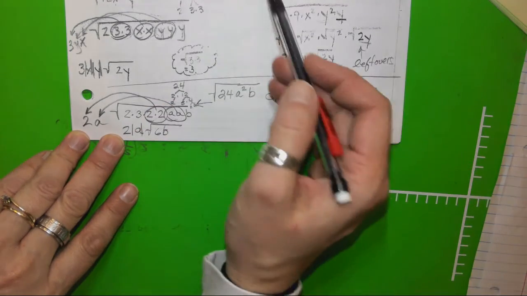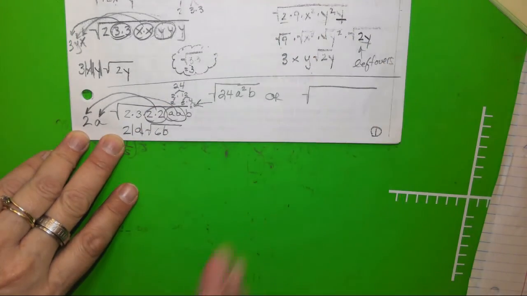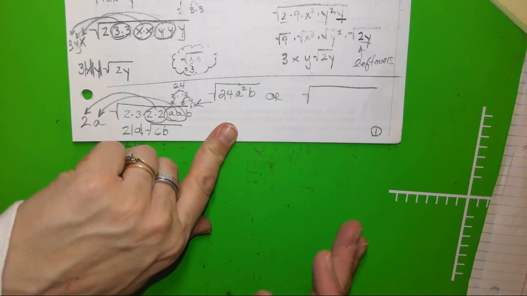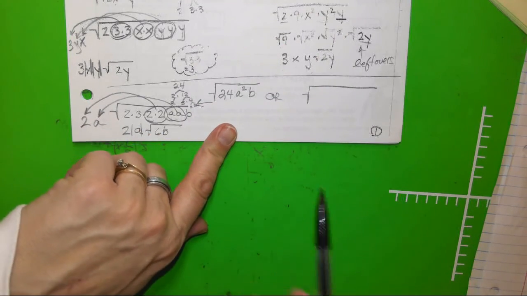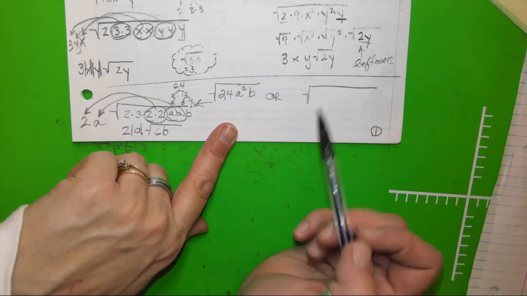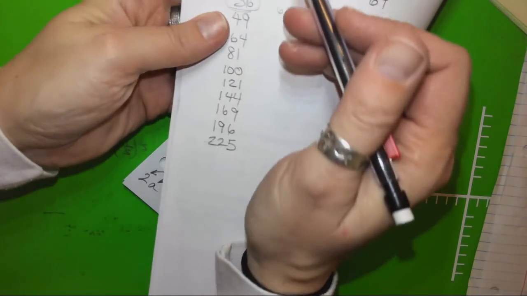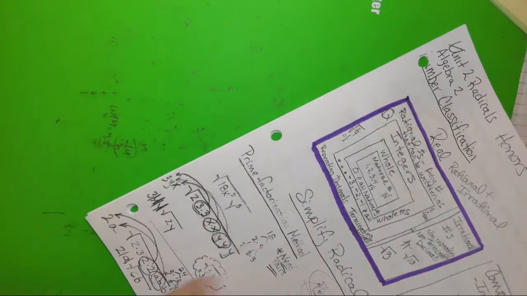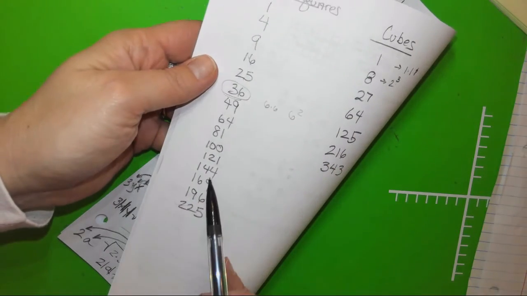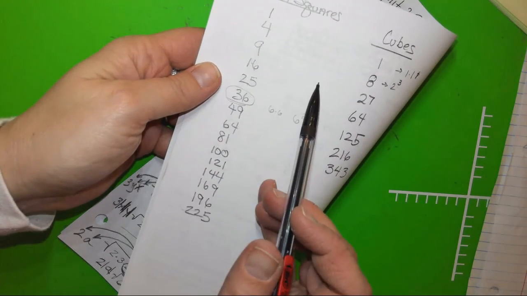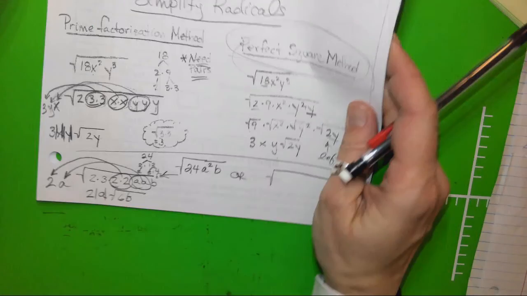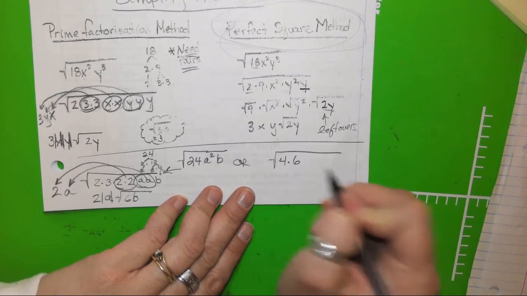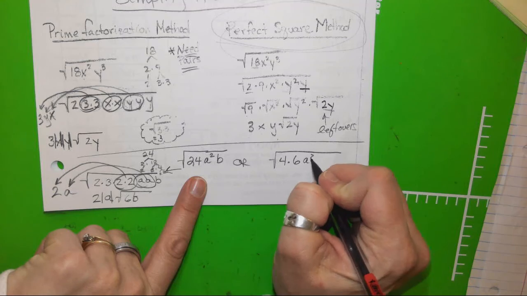If you were doing it the perfect square method, and I want you guys to go towards that method, simply because 1, it's faster, and 2, you're going to have to be able to do this stuff in pre-calc. So you'd look at your list. Which of these are a factor of 24? 4. 4 times what is 24? 6.